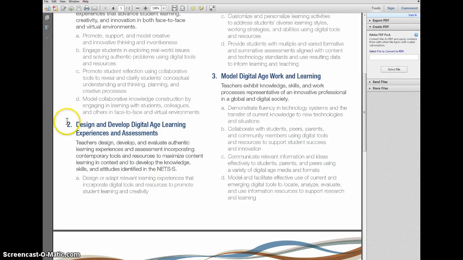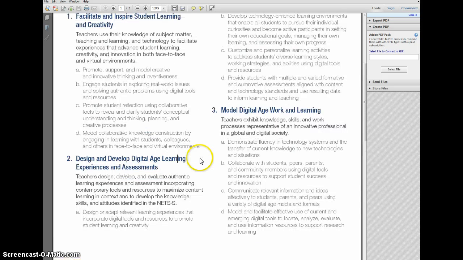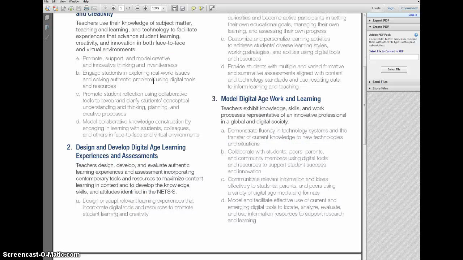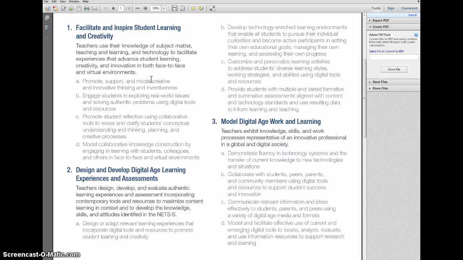Standard 2, design and develop digital age learning experiences and assessments. So Standard 1 relates to encouraging students to use technology to demonstrate their learning and be creative. Standard 2 supports the creation of digital or technology-driven learning environments where students may be creative.